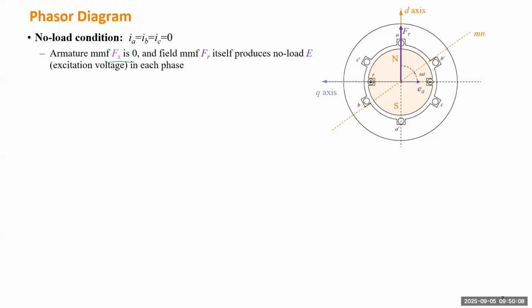So that's easy. FS will be zero. There's no current. And so the rotor winding magnetic force is still equal to N multiplied by the field current, so by itself it produces the no load voltage. If we draw this FR, same as the D axis, the voltage EA for this case will be induced by FR, so it will be 90 degrees lagging FR.